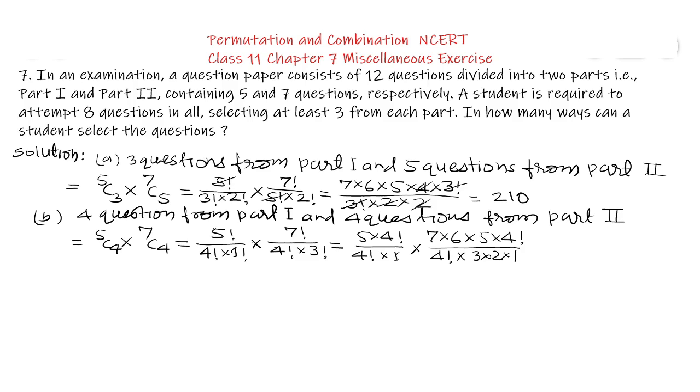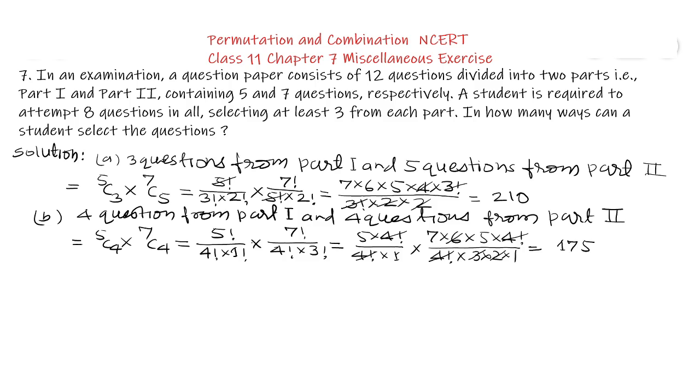So we cancel the 4 factorial of numerator by 4 factorial of denominator, as well as the other 4 factorial, and we cancel 3 multiplied by 2 of denominator by 6 of numerator. This gives us 5 multiplied by 7 multiplied by 5. So 5 times 5 is 25 times 7 is 175.